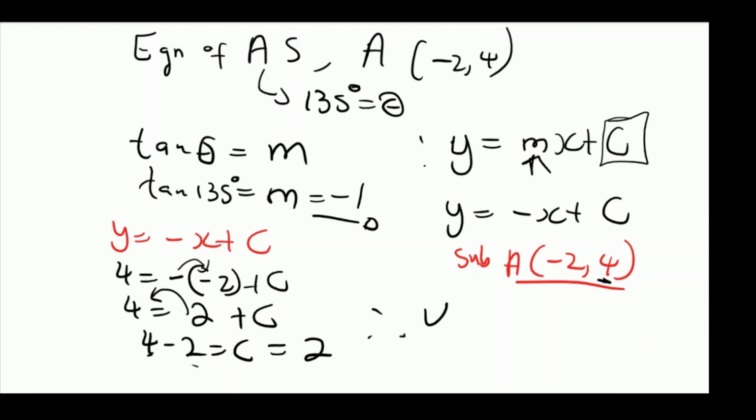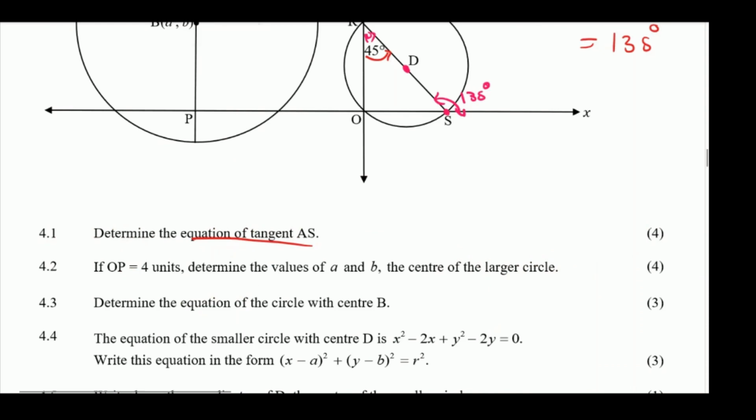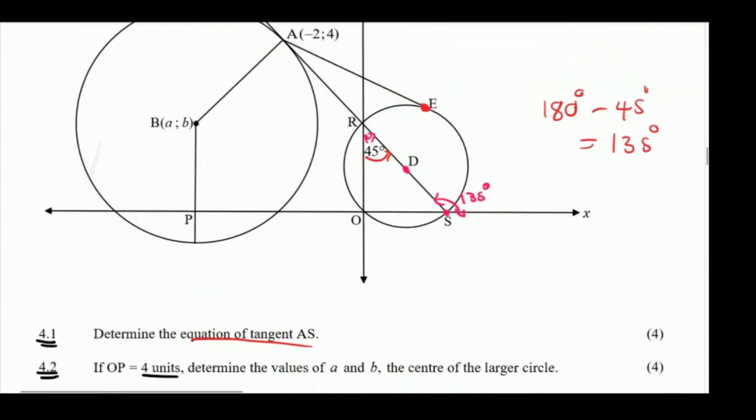So the equation of this tangent AS is y = -x + 2, because we got m as -1 and plus 2. Now the next question, so we're done with 4.1. In 4.2, we are told that OP is equal to 4 units, so let's go to OP.